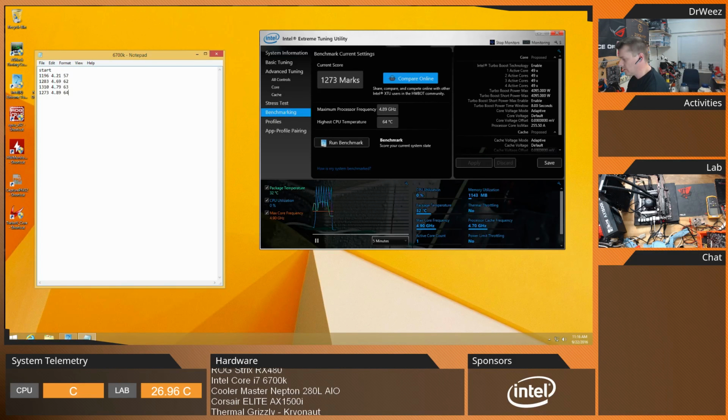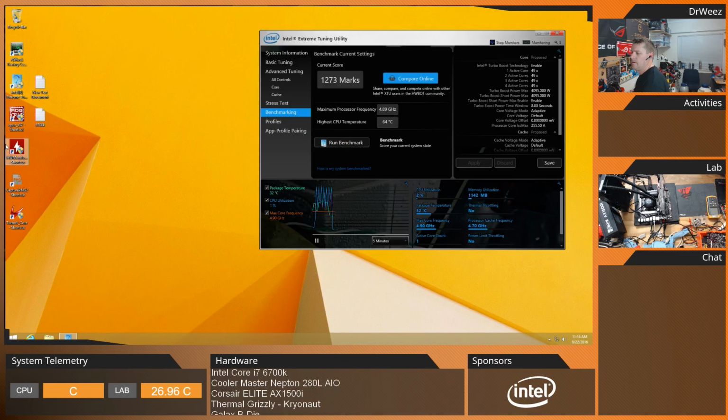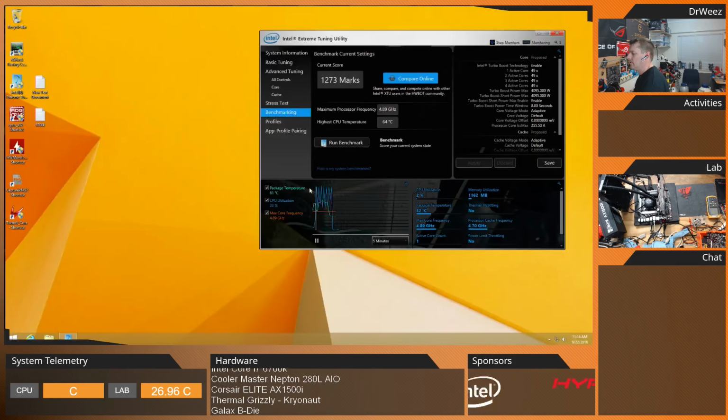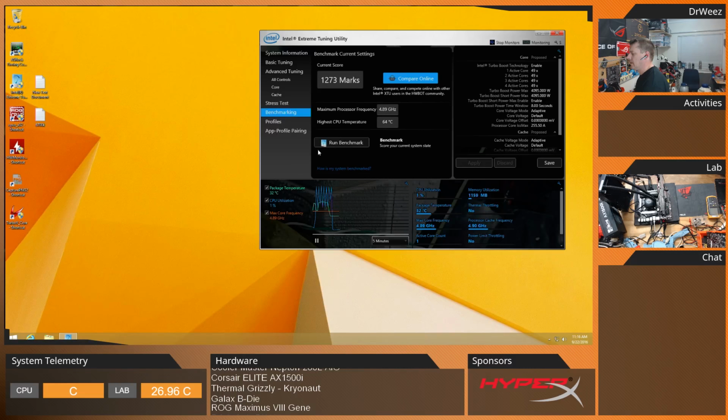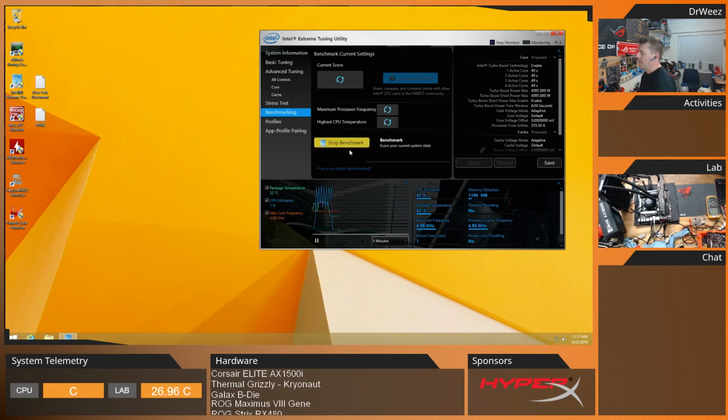Maximum temperature 64. So what we should do is change that cache ratio up to 49 as well. Maybe leave it at 48. I don't think it scales. We'll have to test that. Okay, so we'll leave that at 48.